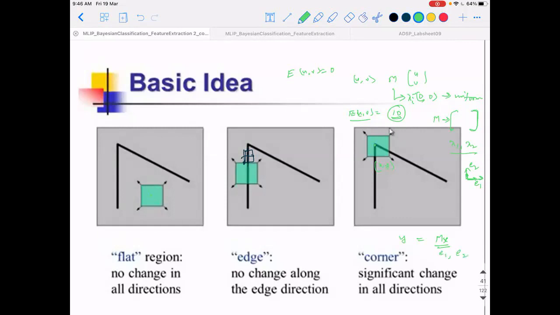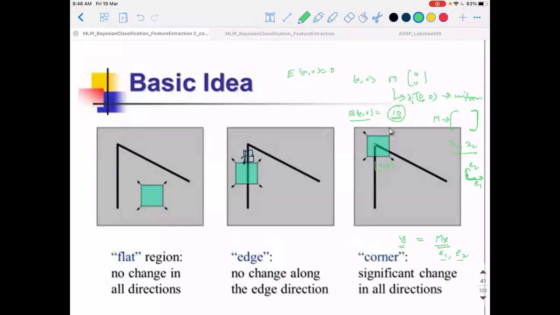And I am saying that if in both directions E1 and E2 the matrix operation leads to the same values, it means that that is the shift, the proportional value in u comma v. That's what I'm conveying. And if it is high in all directions, then it is a corner.